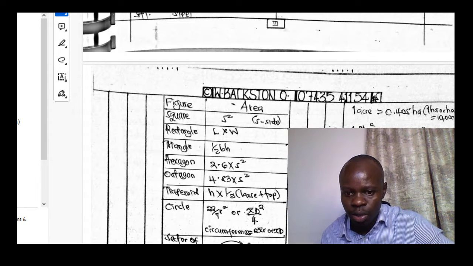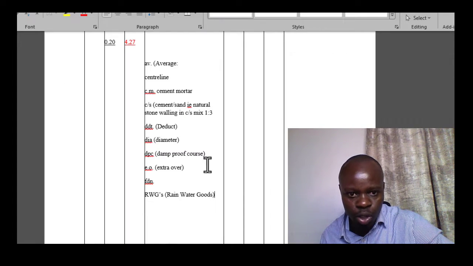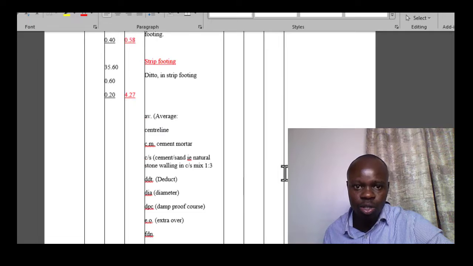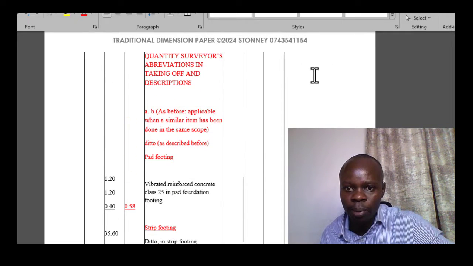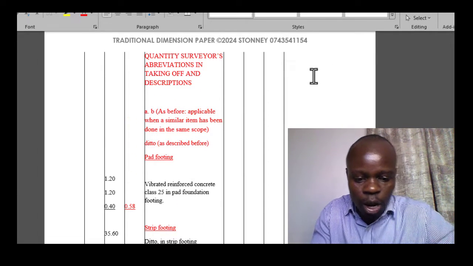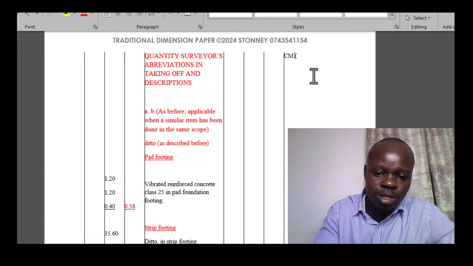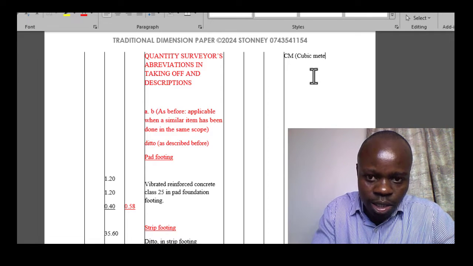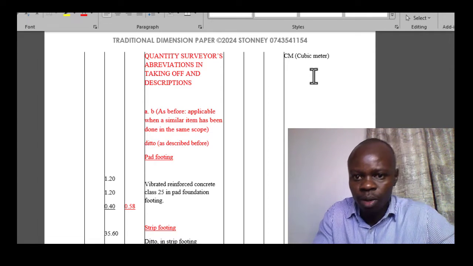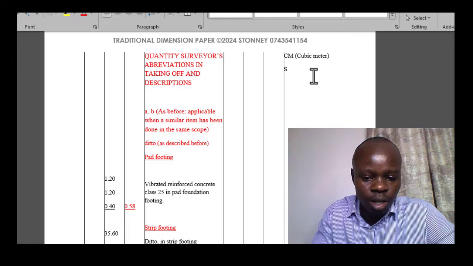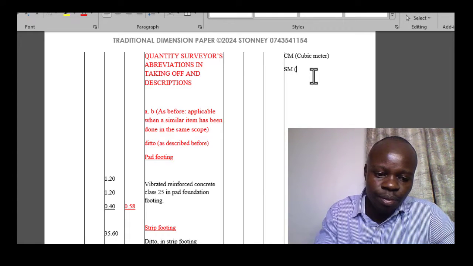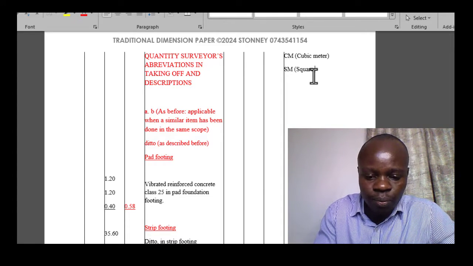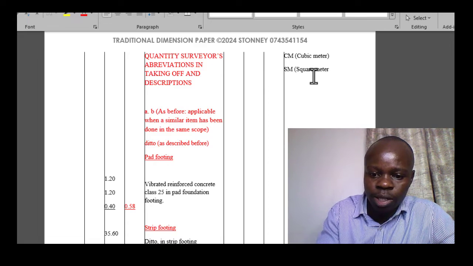All right, so the next one that we also need to talk about, because it's also going to be applicable, is now when you are doing the bills of quantities, there are these symbols. For example, cm, what does it stand for in terms of the unit? Cubic meter. Okay, then sm, that stands for square meter.